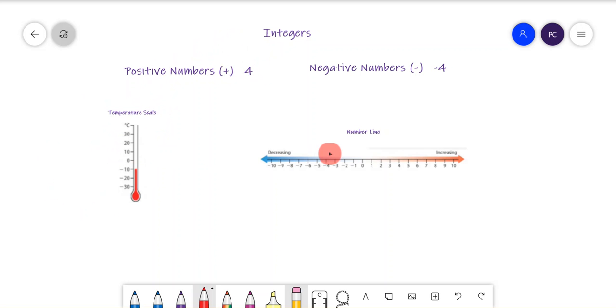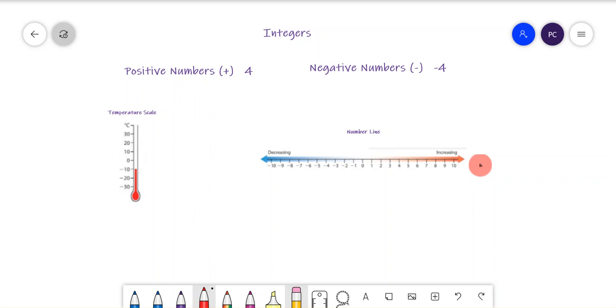Now, a way to think about them in your head is to visualize what's called a number line. So here we have a number line. In the middle of the number line, we have the number 0. All the positive numbers greater than 0 are on the right hand side of 0. So for example, 1, 2, 3, 4, 5, 6, 7, 8, 9, 10.